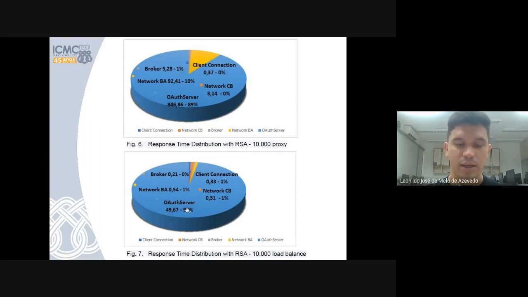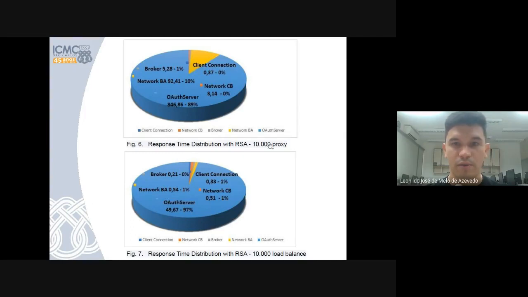The same here. Here was worse, almost 100%, 97%. Both experiments were 10,000 requests. The first one without load balance, and the second one with a load balance. We can see also here that the response time decreases dramatically in this case.